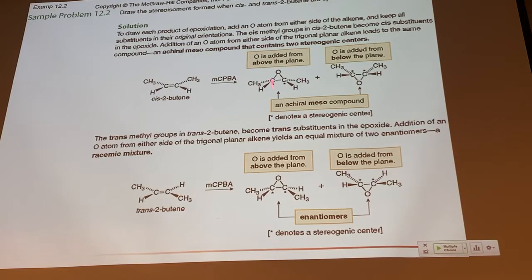We have a plane of symmetry here, so both of these are equivalent to each other. And then trans-2-butene is giving us a chiral epoxide, and it is forming that chiral epoxide as a racemic compound. And so stereospecific, one isomer of our alkene giving us one isomer of our epoxide, the other isomer of our alkene giving us a different isomer of our epoxide. Okay?